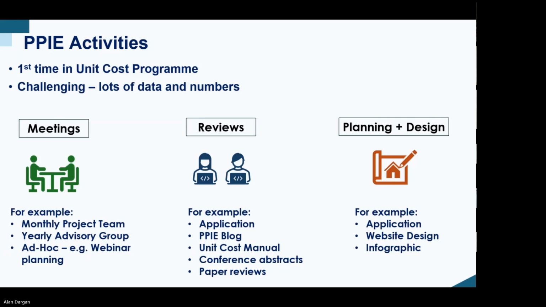We produce logs, we have the yearly manual, which has all of the costs each year in. We apply to go to conferences, we produce scientific papers, and all of these need reviewing by not only the researchers, but also our research advisor team.